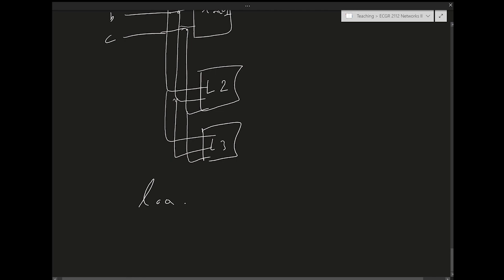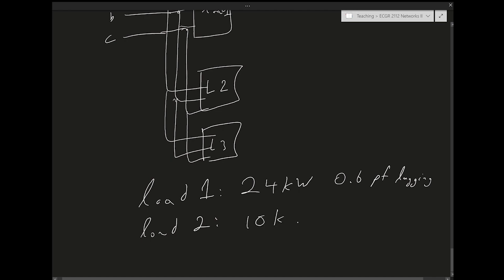Load 1 is described as following. It's a 24 kilowatt load with a 0.6 power factor lagging. Load 2 is a 10 kilowatts load at unity, meaning we have unity power factor. The power factor is 1.